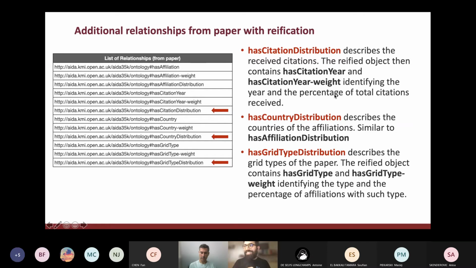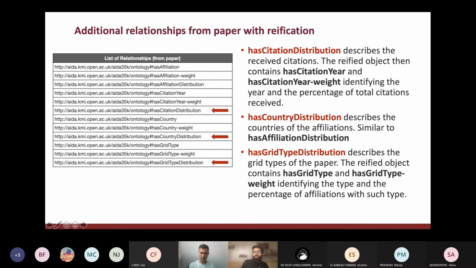So there are similar relationships like that use reification, which are as citation distribution, as country distribution, and as grid type distribution. Then the citation distribution describes the distribution of citations that a paper has received each year according to a weight.